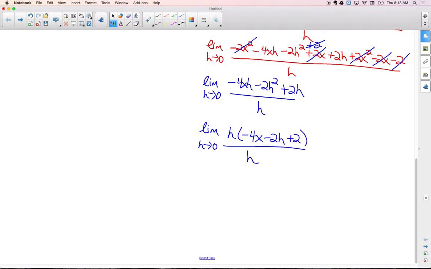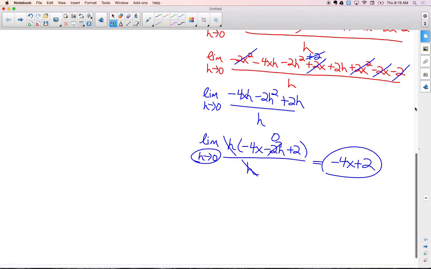Now we cancel the h's. Now the h is gone from our definition of the derivative, so you can plug 0 in for h, which makes the h term go to 0. So we're going to have negative 4x minus 0 plus 2, so it's negative 4x plus 2. This is your derivative. This is your slope of your tangent line. I'm going to remember that and go back up here. So negative 4x plus 2.